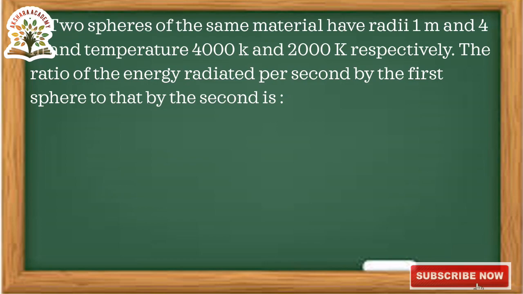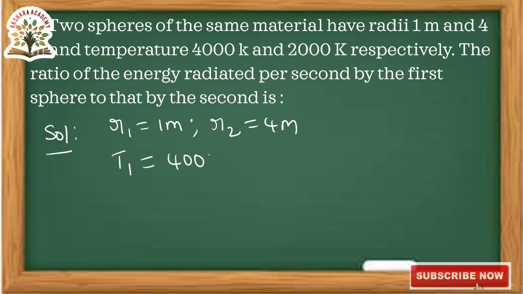So in this question they have given R1 is equal to 1 meter and R2 is equal to 4 meters, and corresponding temperatures T1 is equal to 4000 kelvins and T2 is equal to 2000 kelvins.